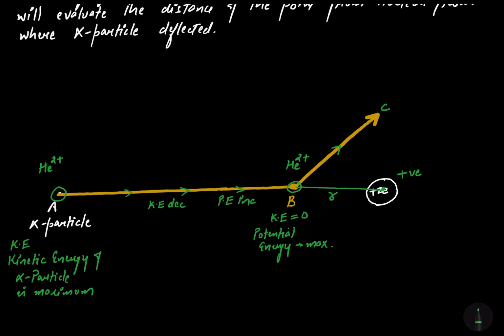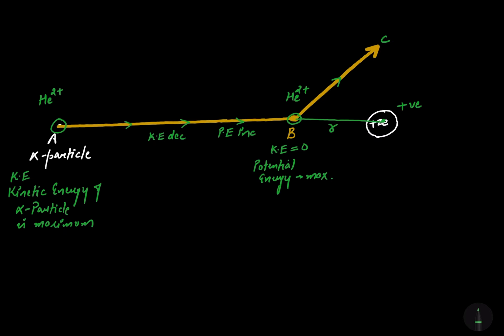So now let us evaluate the different kinetic energies and the potential energies over here. Now let's talk about the kinetic energy at point A first. What's the formula of kinetic energy? It is half mv square. Now what's the m? M is mass of alpha particle. We have evaluated the mass of alpha particle in the previous lectures. That was 4 AMU. The helium dipositive ion has the 4 mass number.